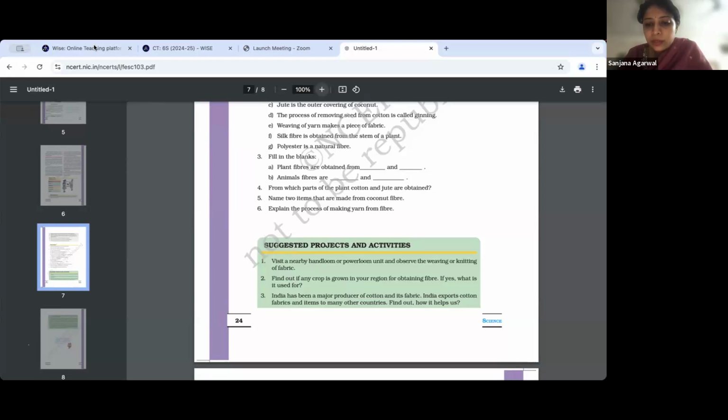Full stop. It is because they are made of knitted fabric. Knitted is KNITTED.